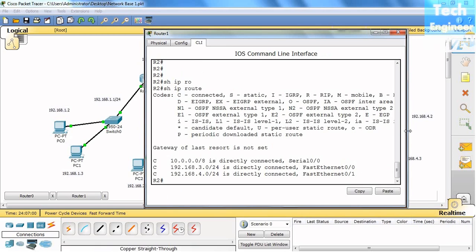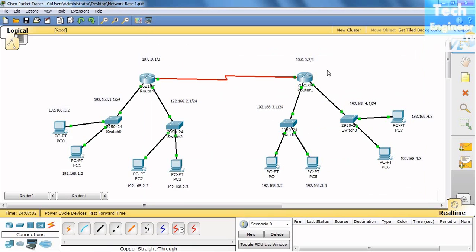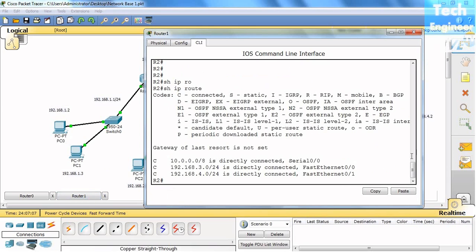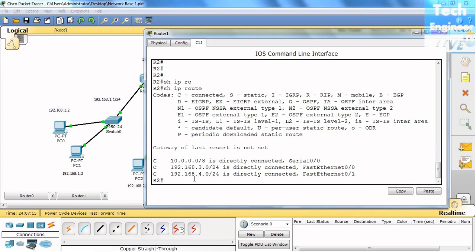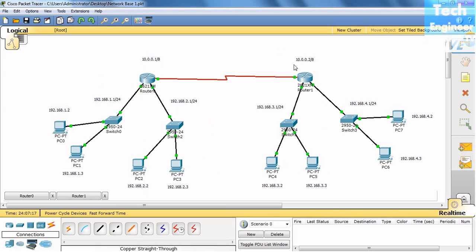But even though these two routers have IP ranges, they will not be able to ping each other. They will not be able to communicate with each other. The reason is that routing is not enabled, and the routers do not have anything mentioned in their routing tables. Routers, until anything is mentioned in their routing table, are not able to understand the network.